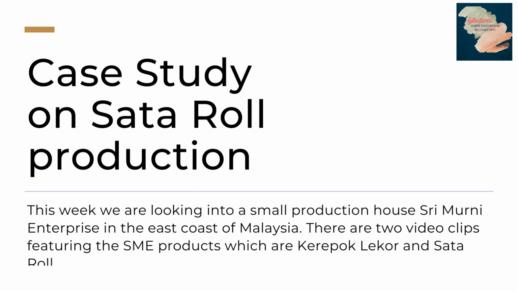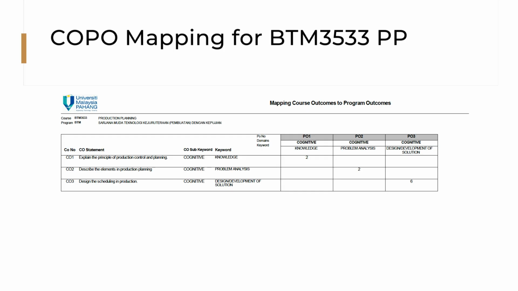If we flash back to our course objective and program objective mapping for BTM3533, this project mode is actually related to the second objective, which is describing the elements in production planning. And the objective for this is actually problem analysis.